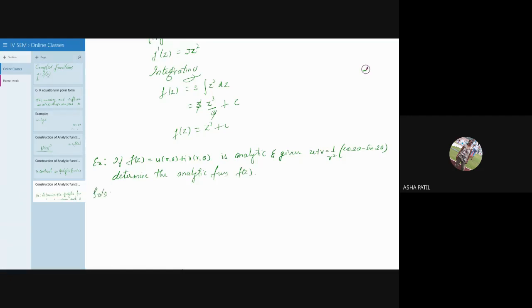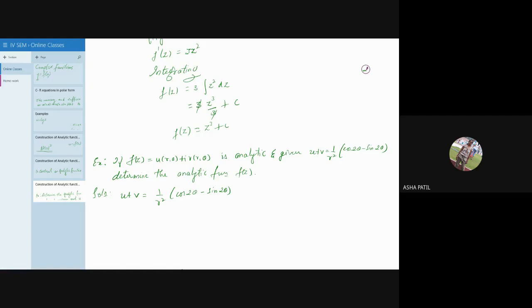So again here we are given with real part plus imaginary part, u plus v. So let us consider u plus v, it is 1 by r square cos 2 theta minus sin 2 theta.